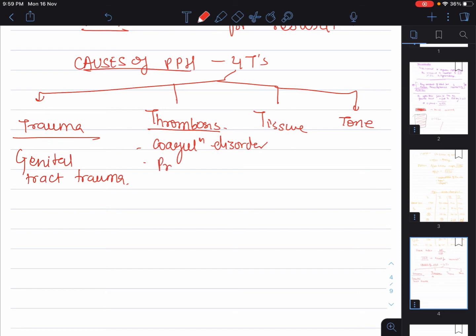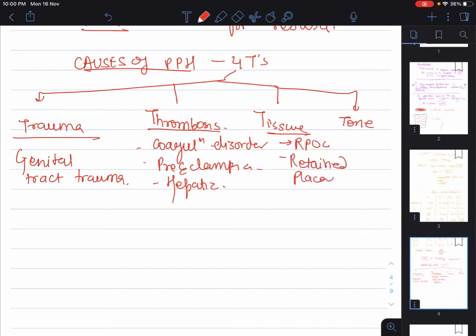Any preeclampsia like HELLP syndrome that we encounter also comes under this. Any inherited or hepatic dysfunctions, all of that comes under thrombosis. Then coming to tissue, it can be retained products of conception or retained placenta. All of that will be covered under tissue.